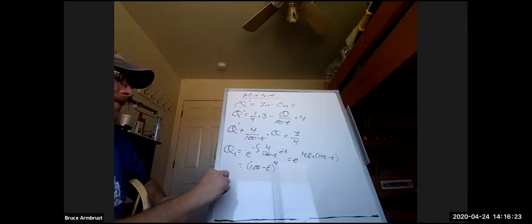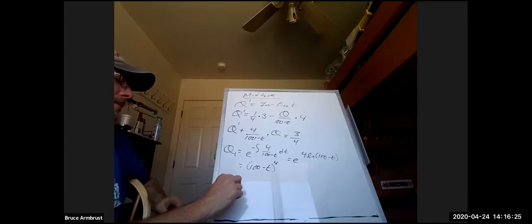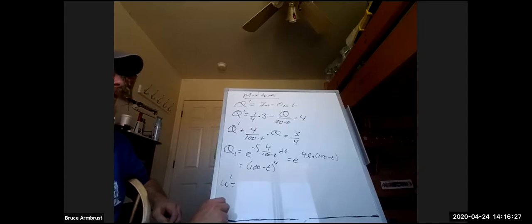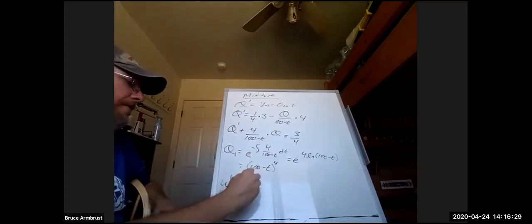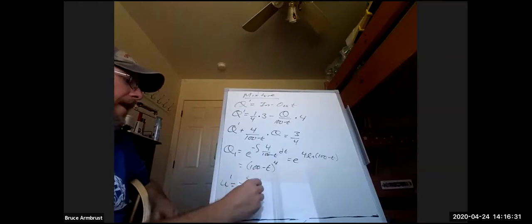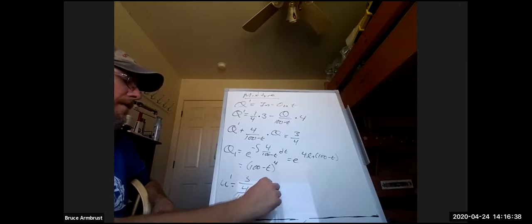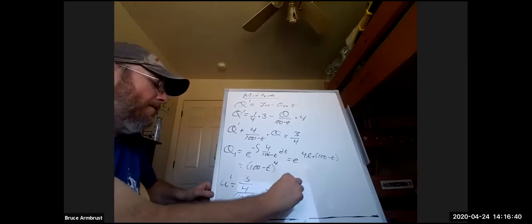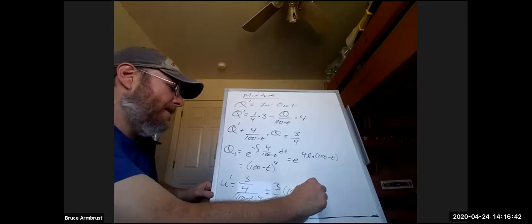All right, so then we know that u prime is going to equal 3/4 divided by q1. So that's 3/4 times (100 minus t) to the minus 4.